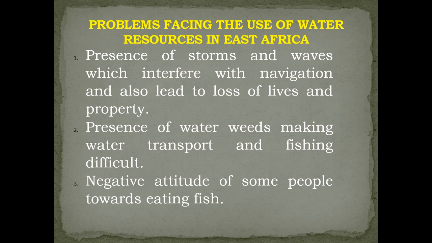The negative attitude of some people in East Africa, their communities, their tribes, their religions and cultures prohibit, for example, eating of fish. For example, it is only recently that the Bahima have started eating fish, but traditionally the Bahima were prohibited from eating fish.